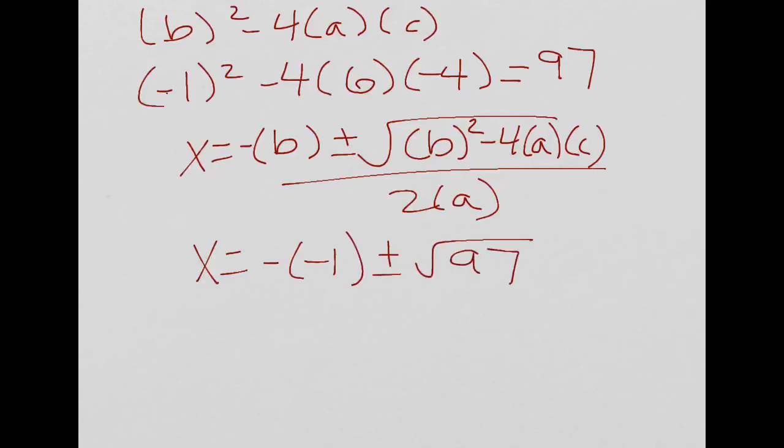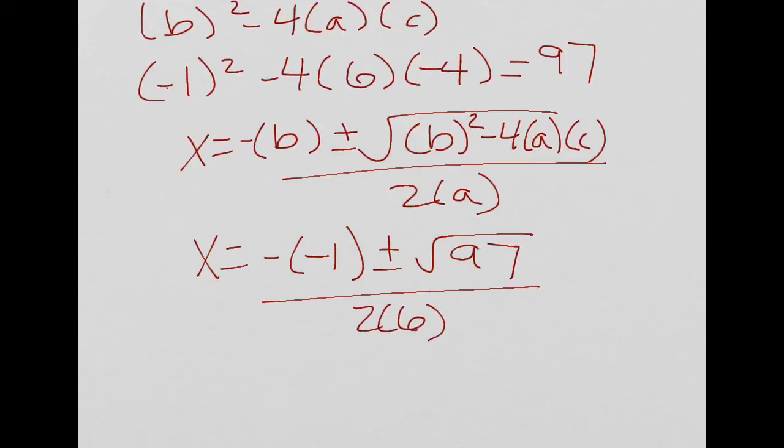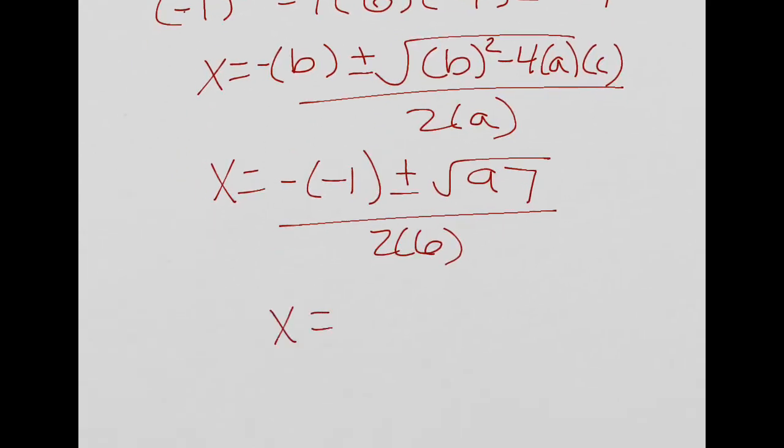We've already done that, that was 97, over 2a. So my answer: a negative 1 is a positive 1, over 12. 97 does not break down, so we just leave it. That's your answer. You don't need to go any further.